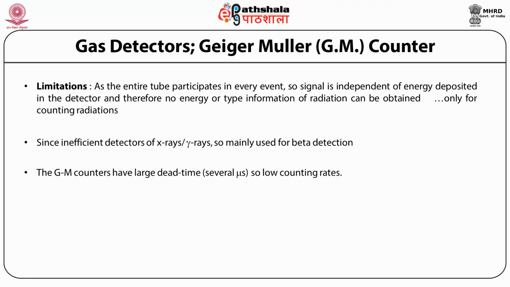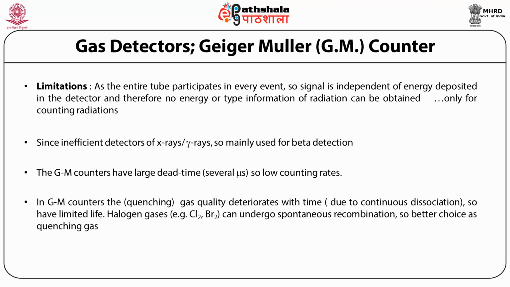The next limitation is that in GM counters, the quenching gas quality deteriorates with time due to continuous dissociation, so they have a limited life. It means in the GM tube, whatever gas we apply, we need to put a small amount of quenching gas in the internal quenching method.